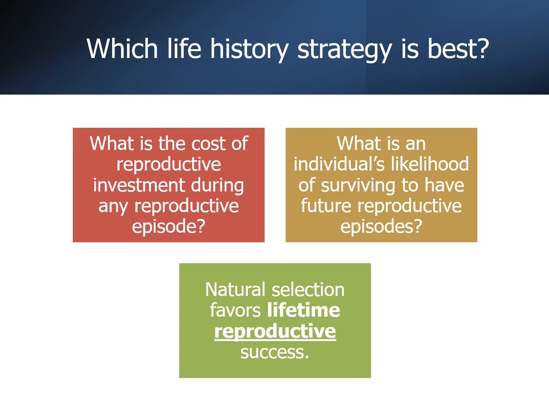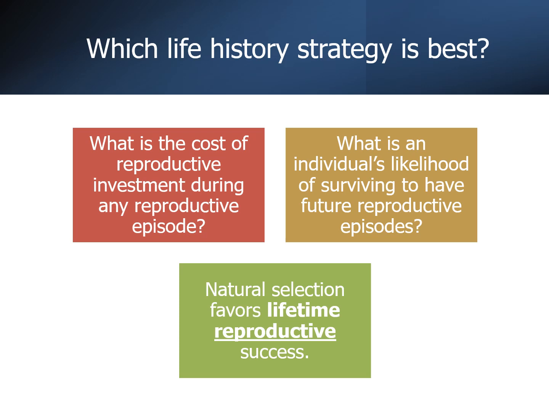So if you are that Australian mouse, that reproductive investment, that cost is very high. You give your life for your reproduction, right? So that cost is a very high price to pay for that big bang style of reproduction.